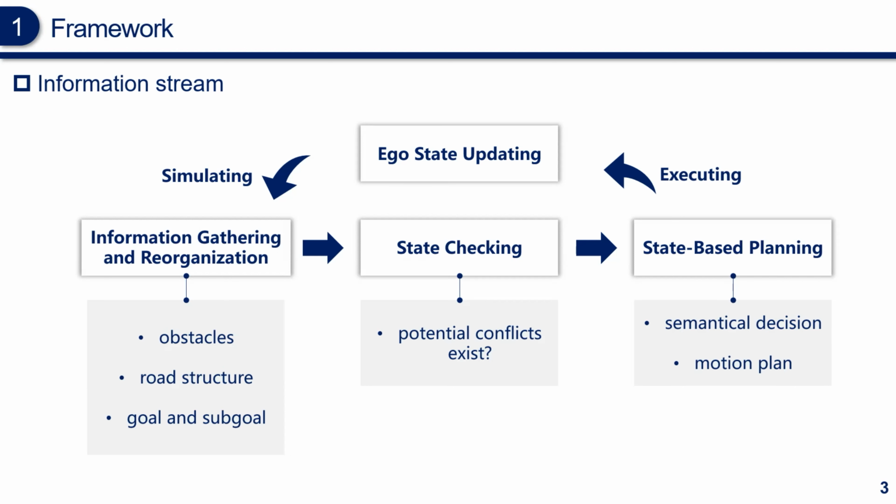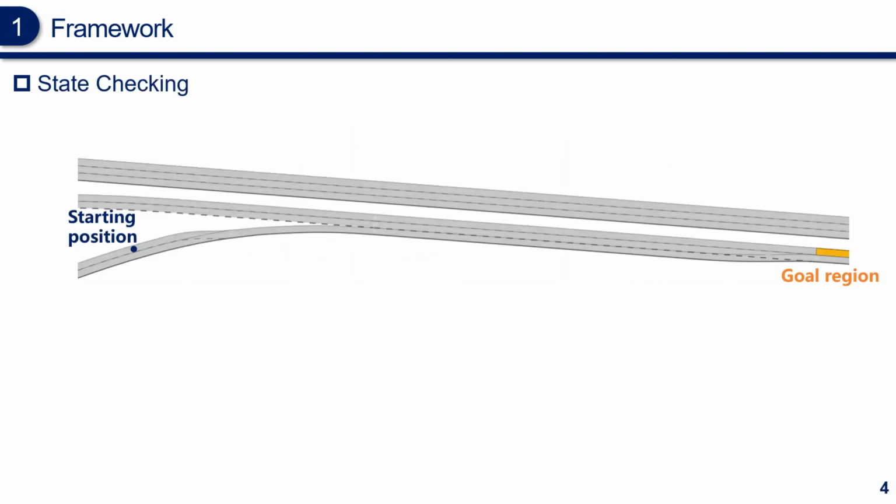Here is some information about the state checking and the decision maker selection. The CommonRoad scenario provides a starting position and a goal region in a given roadmap, and this allows us to first identify the possible passing-by region, as shown in the green shadow.